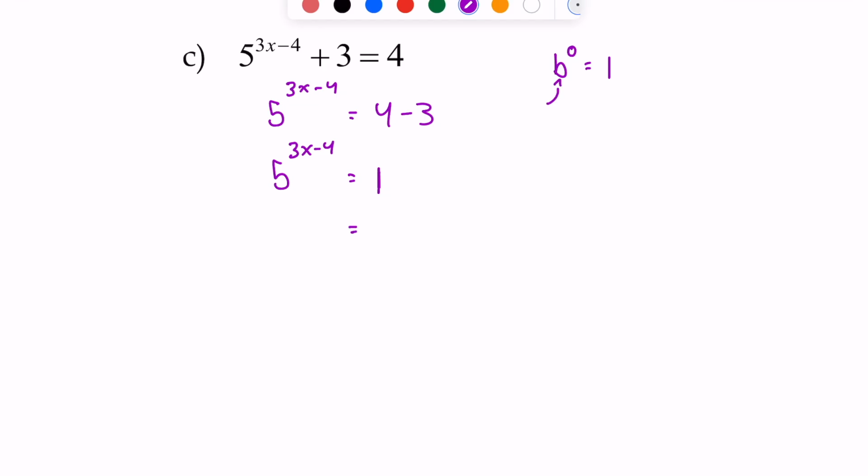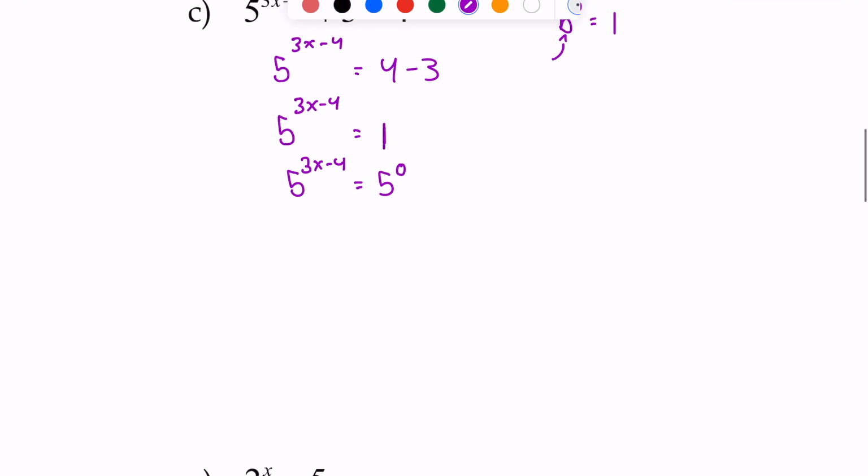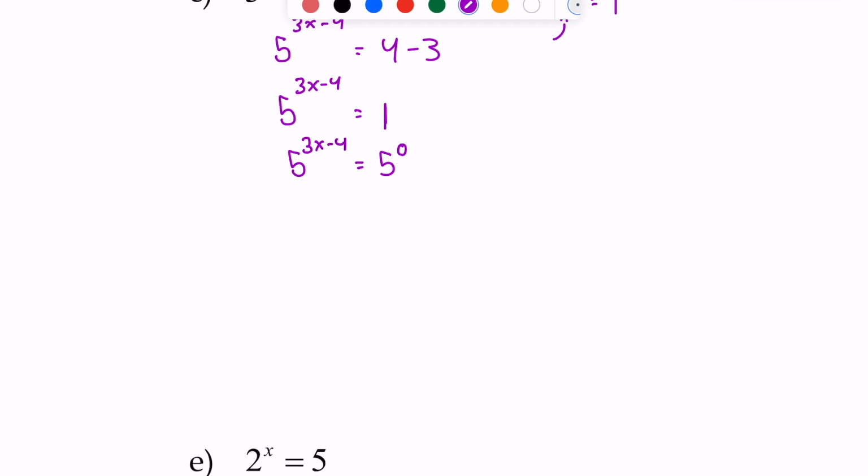So in my case, this could be 5 to the 0, and that would give me a value of 1. So now on the left and the right, we have a base 5. That allows us to equate our exponents. So now we have 3x minus 4 equaling 0. That's 3x equaling 4, or x is 4 thirds.